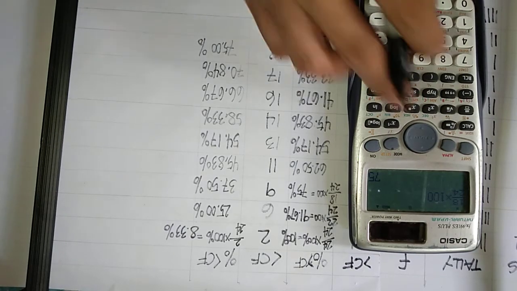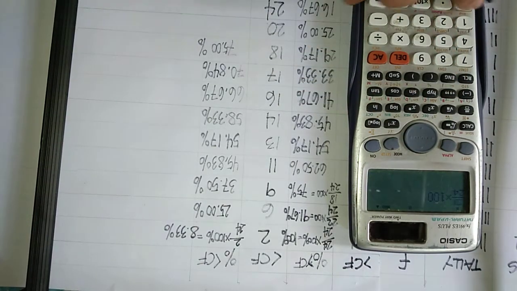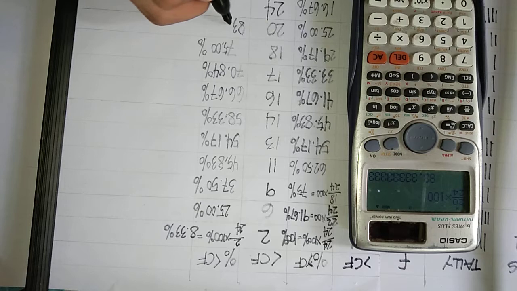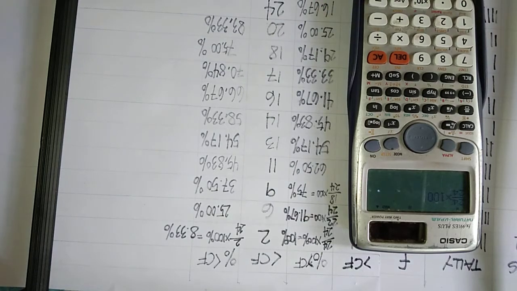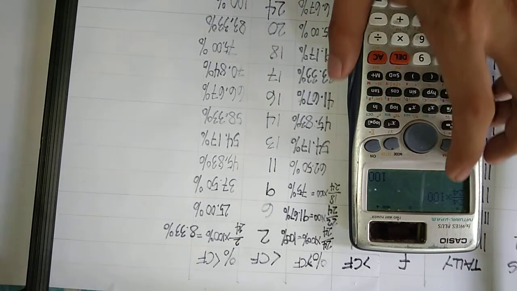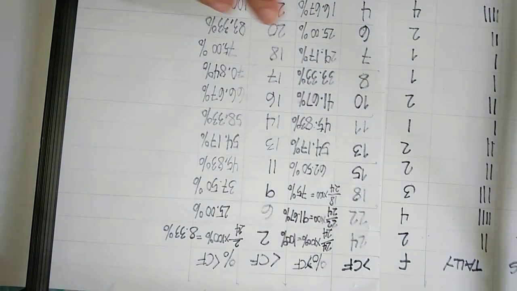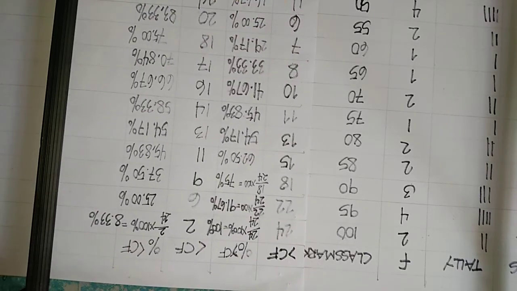And for our 20, we have 20 divide 24 times 100, that is 83.33%. And last is 24. So we have 24 divide 24 times 100, and that is equal to 100%. Okay. So that is how you compute for our cumulative frequency and our percentage cumulative frequency.